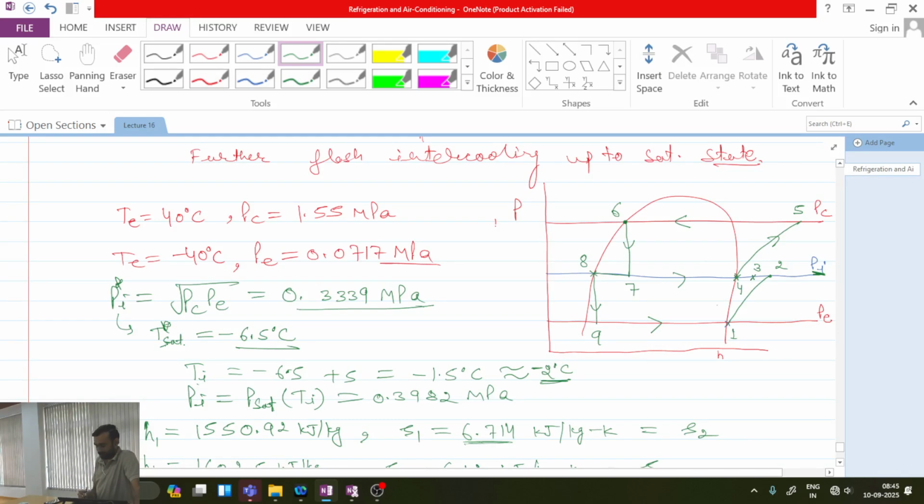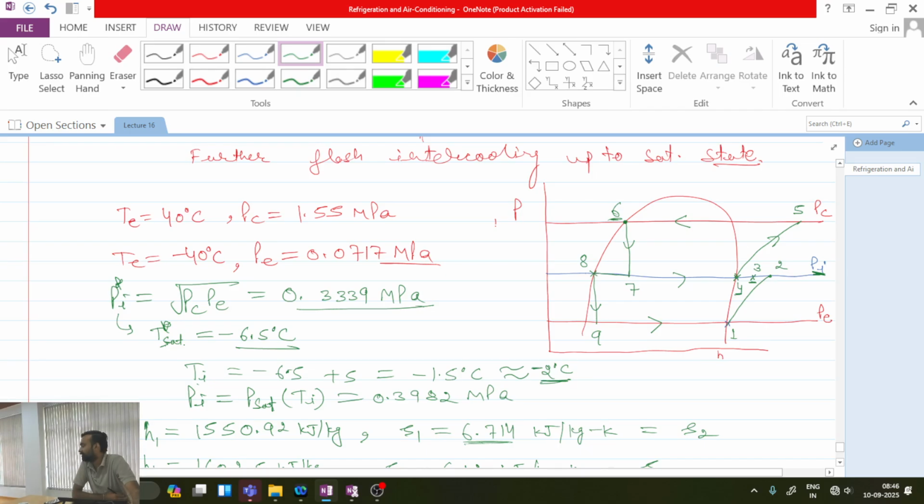In the flash chamber, if I apply the mass balance, M dot 2 is going with enthalpy 4. It is entering with enthalpy 6. 6 and 7 are both the same. So M dot 2 into H4 minus H6 has to equal the low pressure fluid coming at M dot 1 mass with enthalpy H3 and leaving with enthalpy H8.